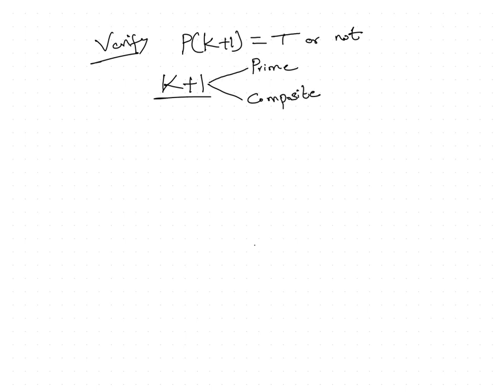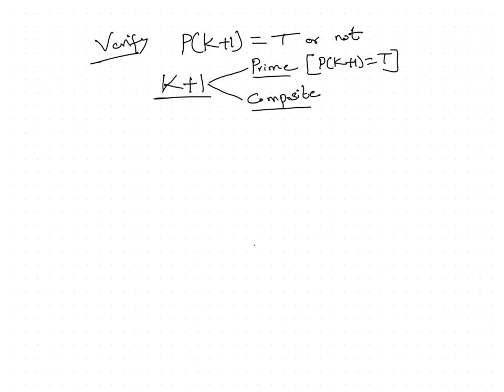If k plus 1 is prime, very simple, directly I can say P of k plus 1 is true. Why? Because it itself is prime, and if it itself is prime, then definitely k plus 1 can be written as a product of primes. So there is nothing complex over there. That's simple, done. So we verified P of k plus 1 is equal to true in the case of prime.